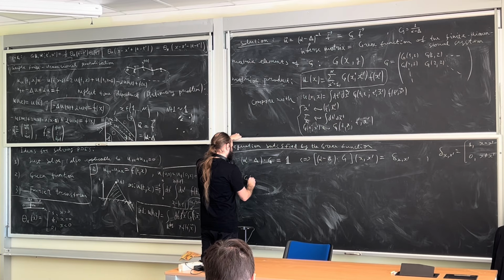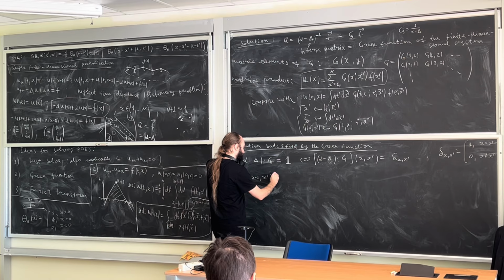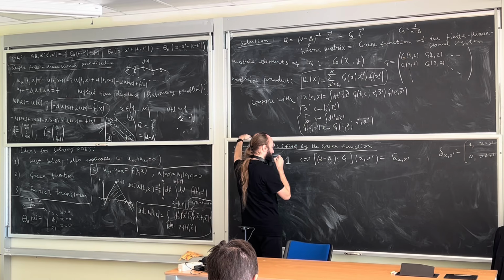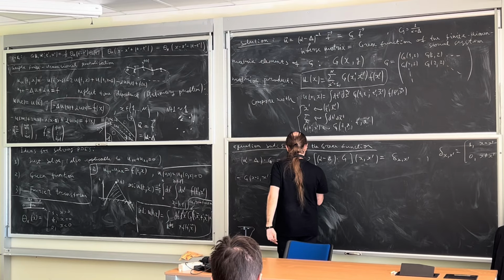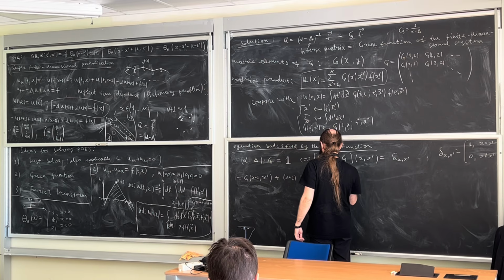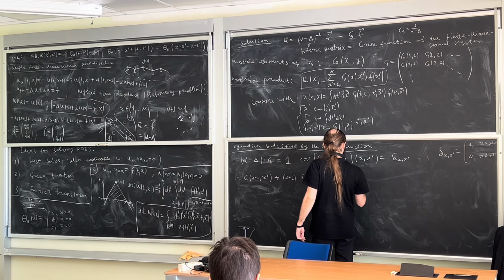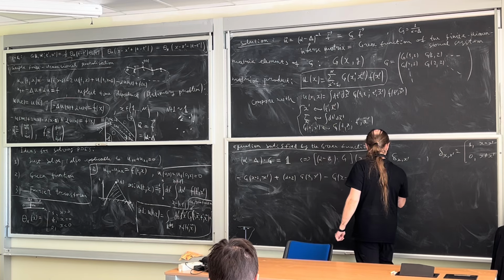It writes like g of x plus 1, x prime, minus, plus alpha plus 2, g of x prime, minus g of x minus 1, x prime, equals delta of x prime.